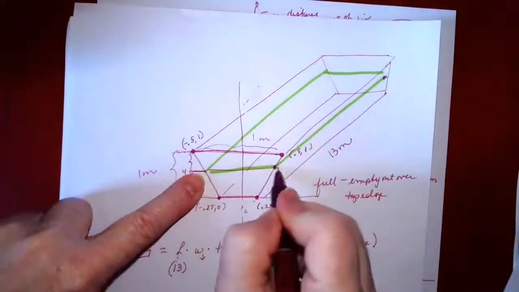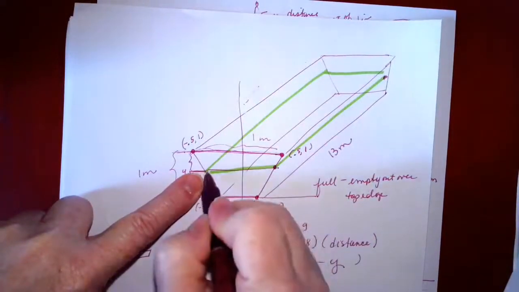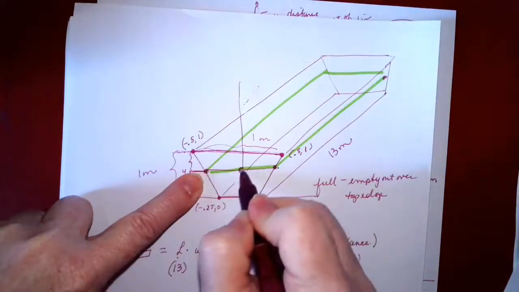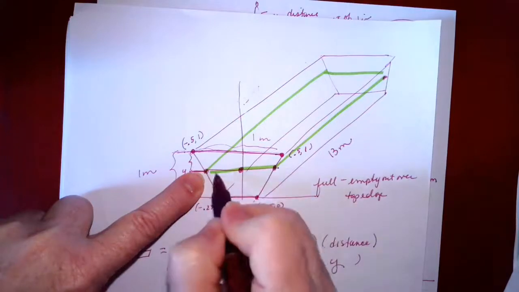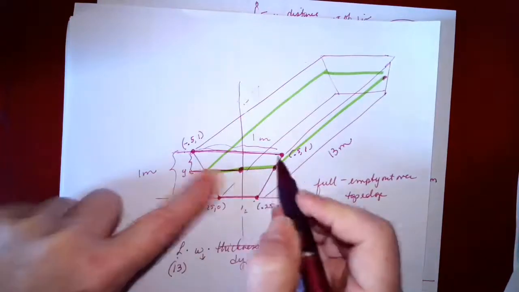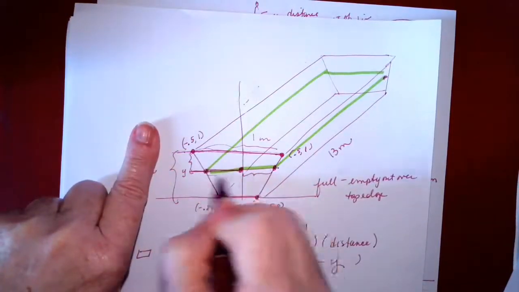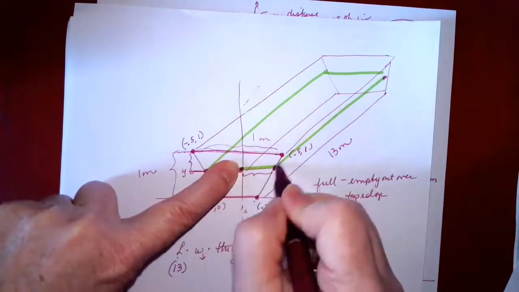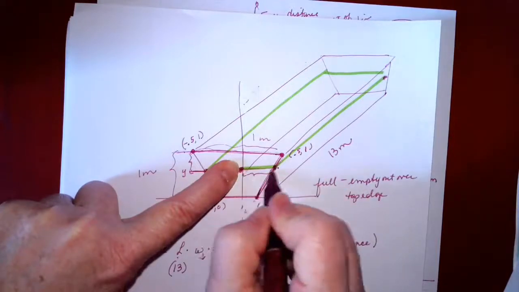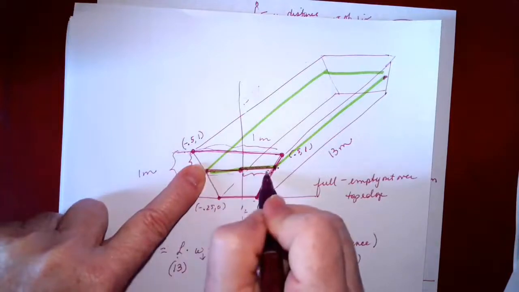Okay, now the width is the question. So notice, guys, that due to the symmetry of where I put my xy plane, this distance and this distance would be the same if it was well drawn, right? So if I could figure out what this distance is, then the width would be 2 times that. Does that make sense? So if I go from the y-axis to this line, that distance right there is half the width of my cross section.